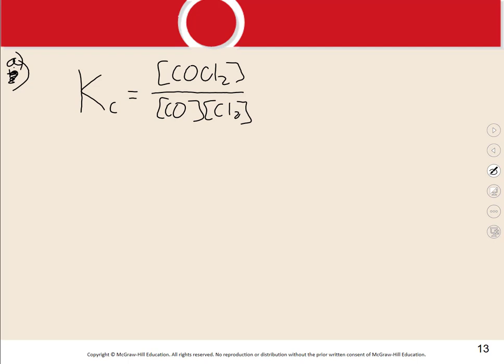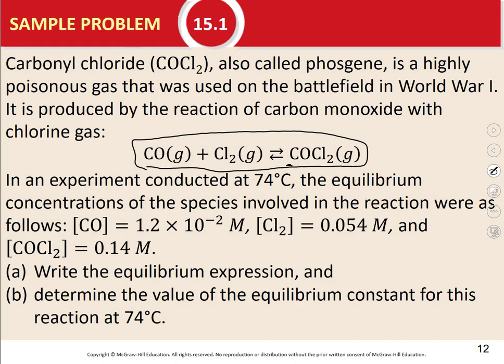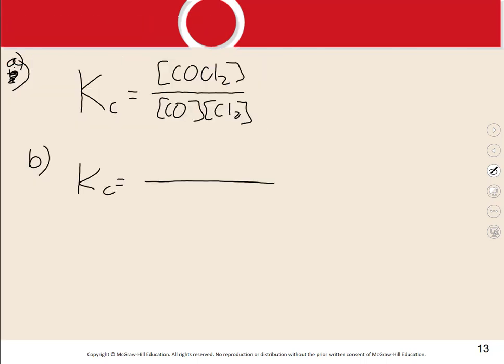All right, part B asks you to use the provided equilibrium concentrations to actually calculate the equilibrium constant, Kc. So we're going to take those values from the last page. COCl2 was 0.14 molar.